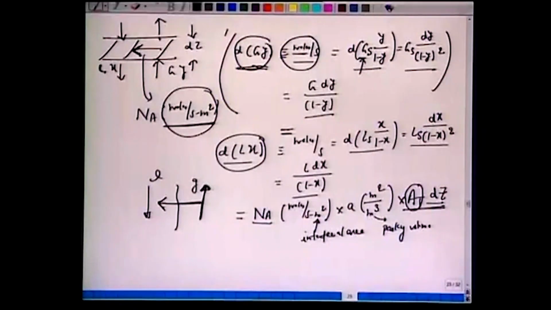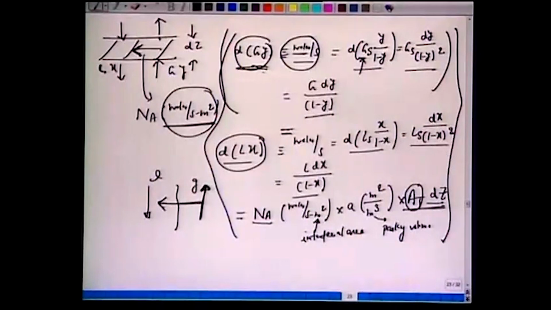Now, we have the entire species balance in the two phases, gas to liquid: whatever is lost in the gas phase is gained in the liquid phase, and that is also equal, from the mass transfer point of view, to NA into a into At into dz. Here it is very important that we are a bit careful.